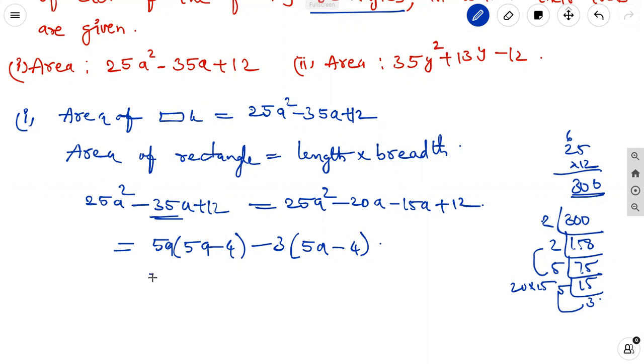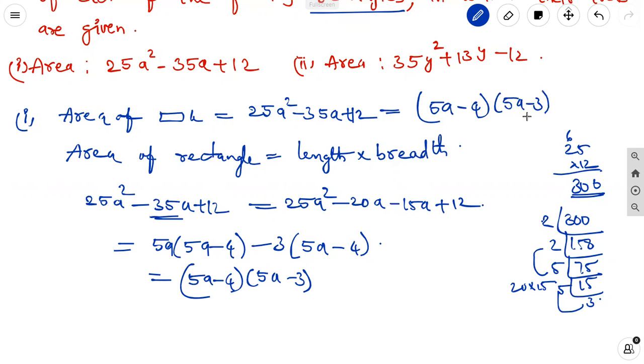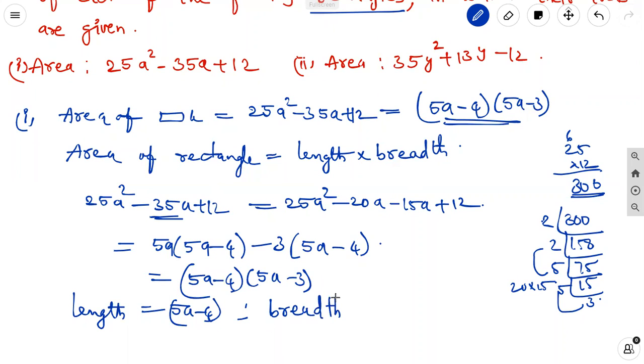It is equal to 5a minus 4 into 5a minus 3. So the area of the rectangle can be split into two factors, 5a minus 4 into 5a minus 3. Then length equals 5a minus 4 and breadth equals 5a minus 3. This is the length and breadth.